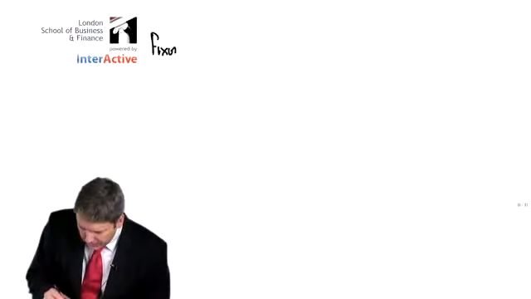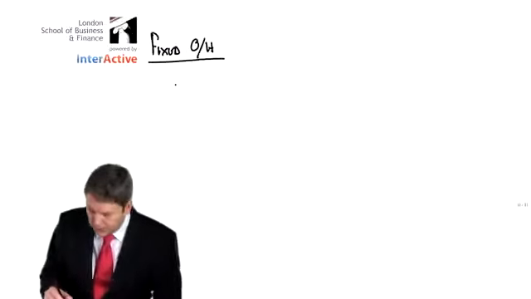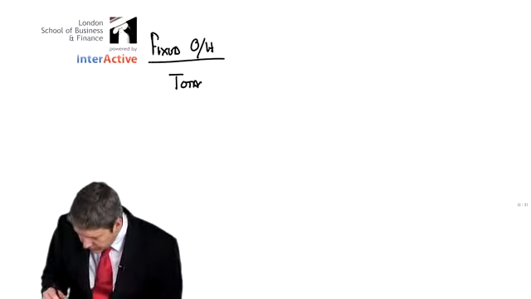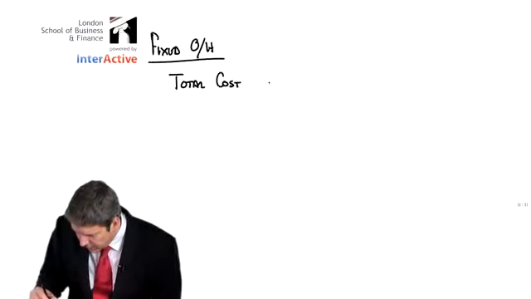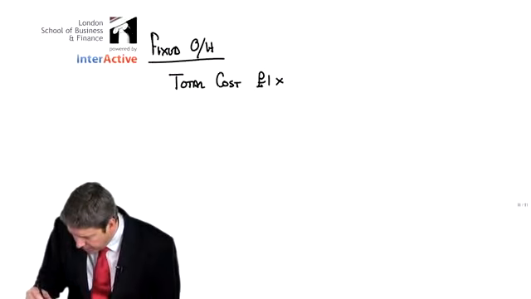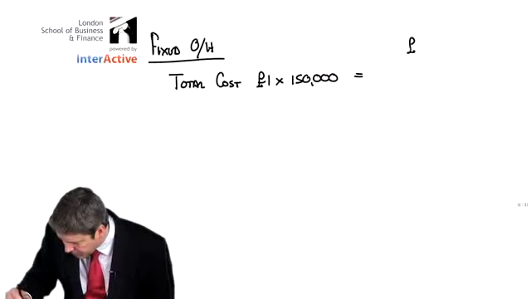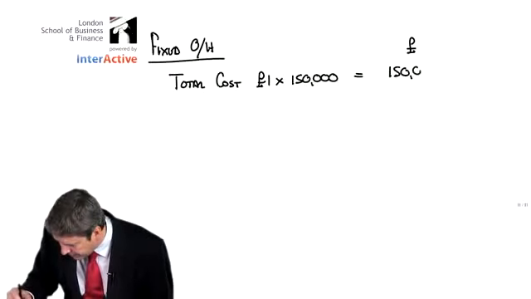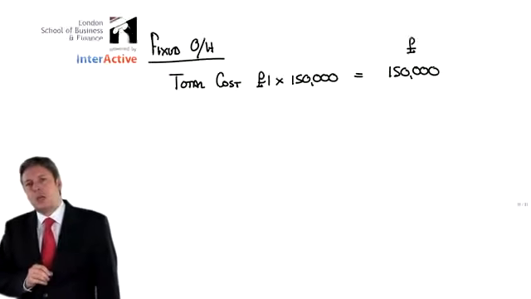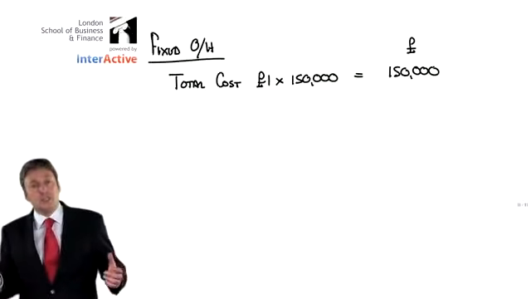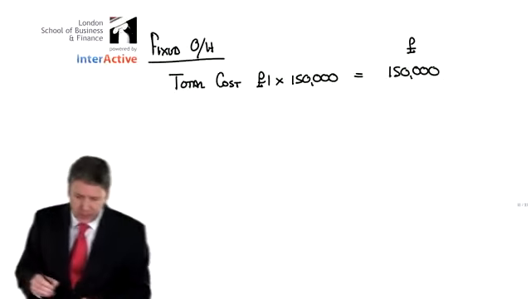So we look at our fixed overhead. We know that the total cost is going to be 1 multiplied by 150,000. Yes, I'm very good at my 1 times table. 150,000. And all we want to do is to strip out the depreciation.